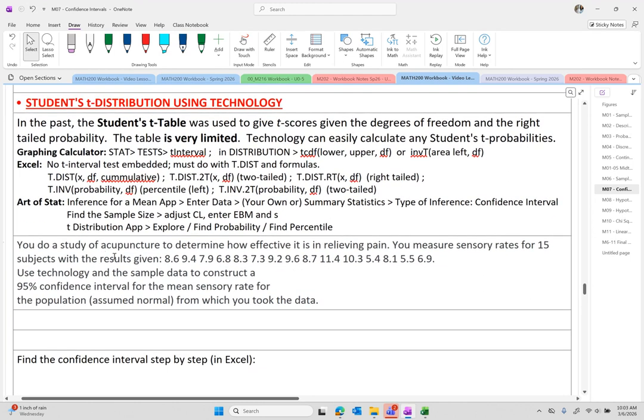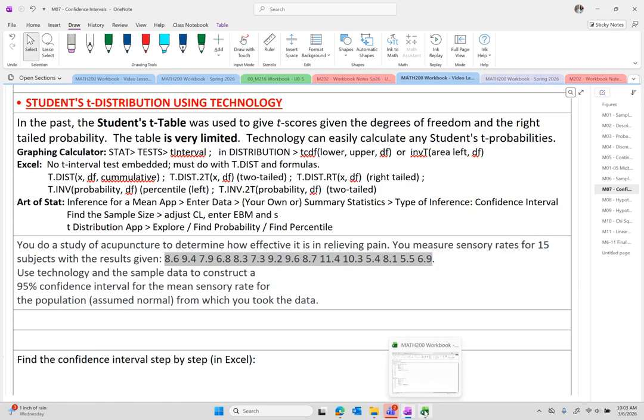It says you do a study of acupuncture to determine how effective it is in relieving pain. You measure sensory rates for 15 subjects with the results given. So I need the mean and the standard deviation of this. But if I enter the data in ArtofStat, they can be separated by spaces. Then it will do it for me.